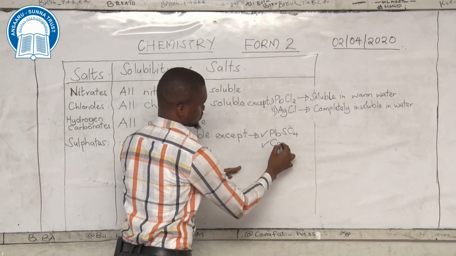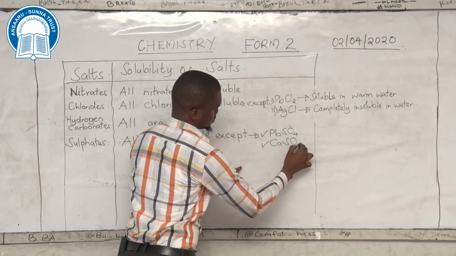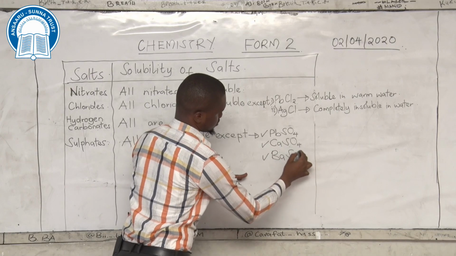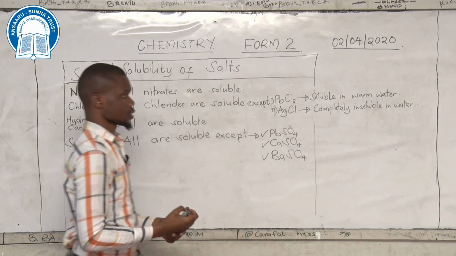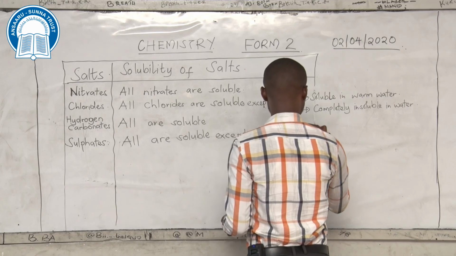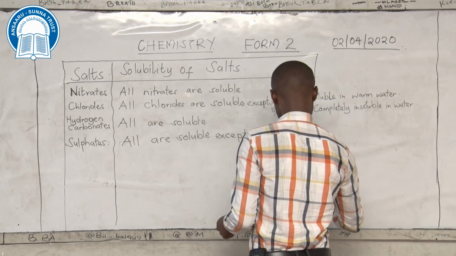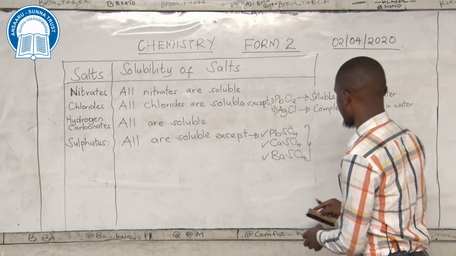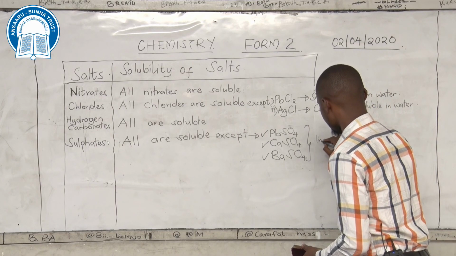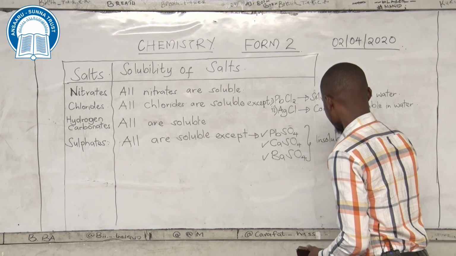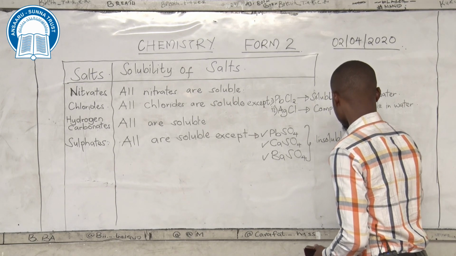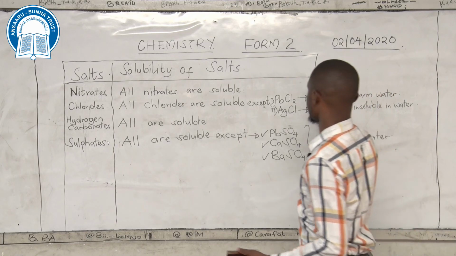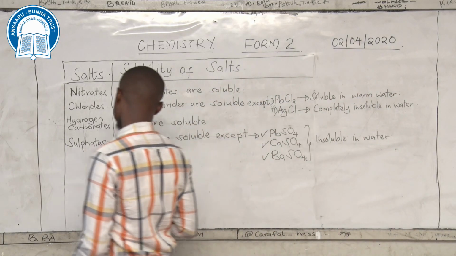We have calcium sulfate, insoluble. And lastly we have barium sulfate, insoluble. These three are completely insoluble in water.